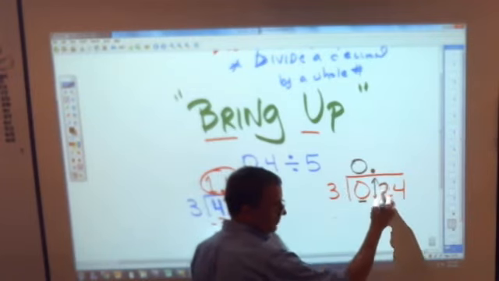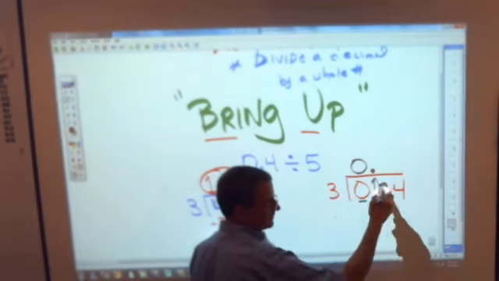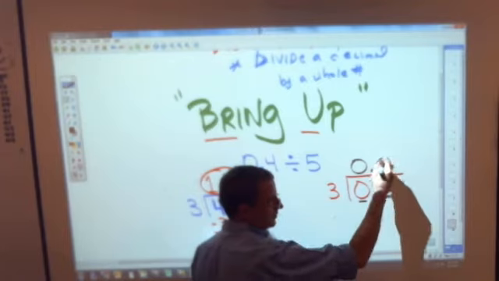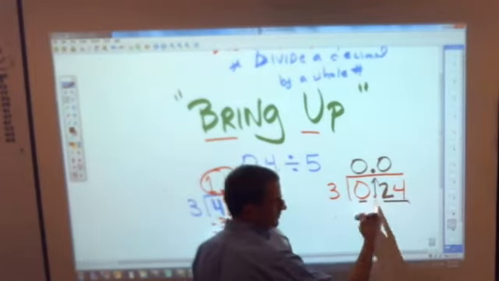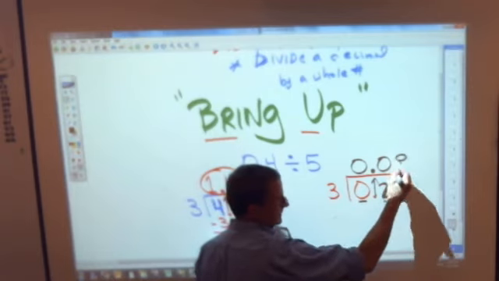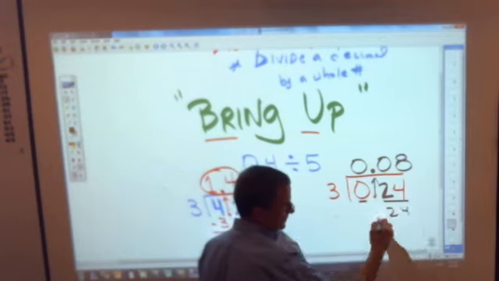After the decimal, you can't just skip numbers now. If 3 does not go into 2, because it's after a decimal, you have to put another 0 in there to hold that place down. And then you can go 3 into 24, which is 8. So you have to be careful when there's a decimal there. Do my subtraction.